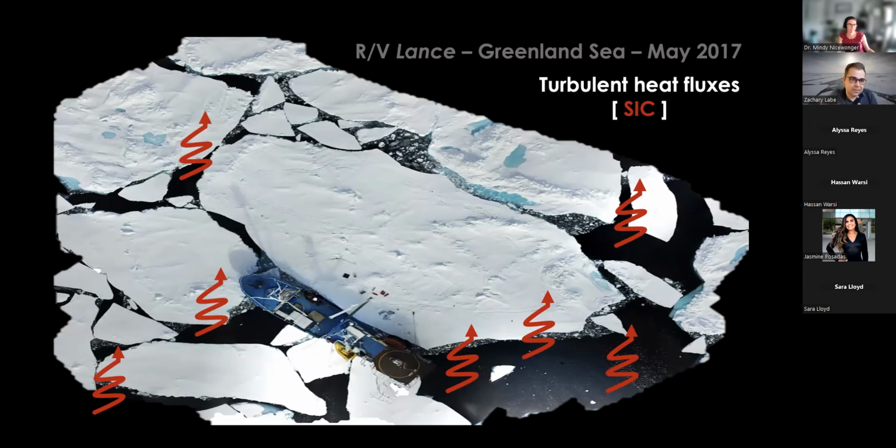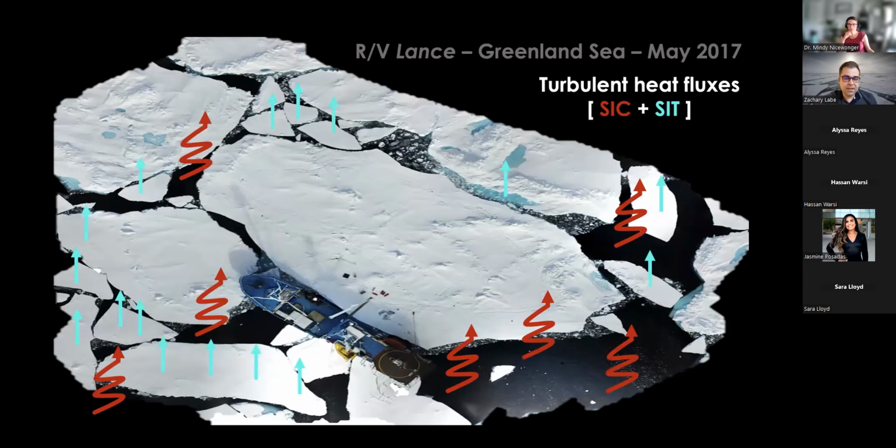And think back to Arctic amplification: there's a lot of heat in the ocean. So the ocean is warmer than the atmosphere, and you actually get a flux of heat coming from the open ocean to the atmosphere. That's called a turbulent heat flux, if you want the technical word. So this is one reason we want to understand how much open water is in the Arctic, because of this heat coming out of it.